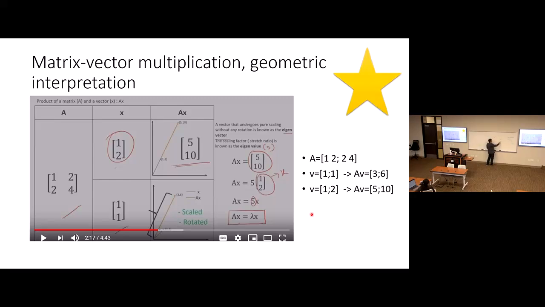The input was here. After you do this operation, it becomes longer and also changes the direction, from this position to there. So this operator rotates the direction of your data and also changes magnitude. In this case, it makes it longer and rotates to the left side.